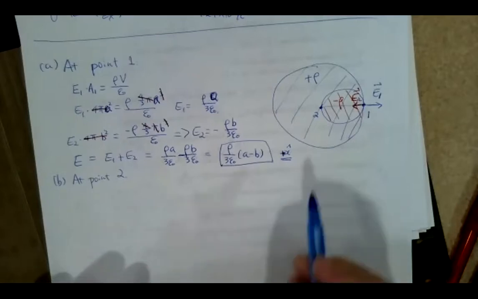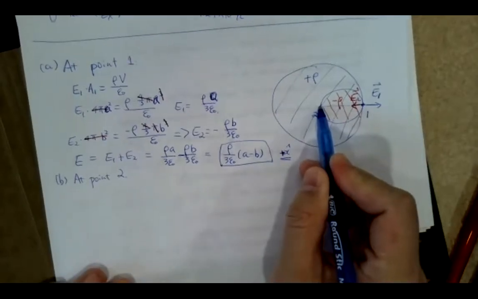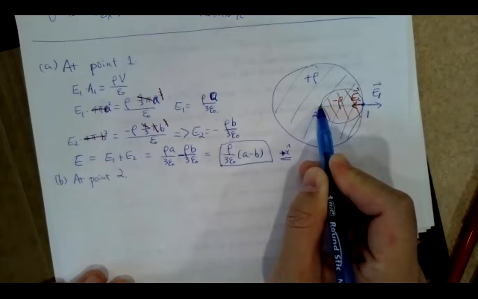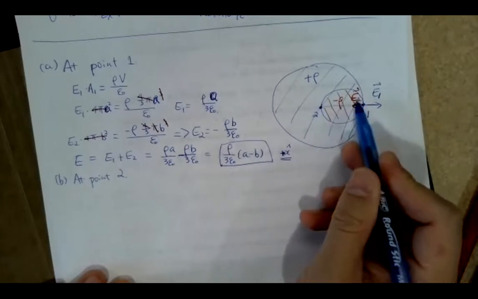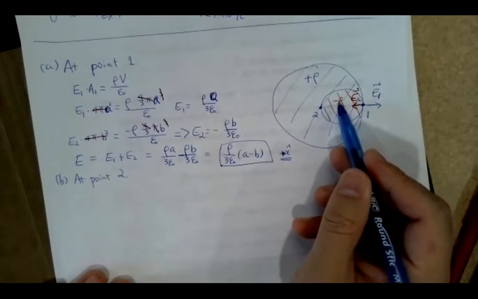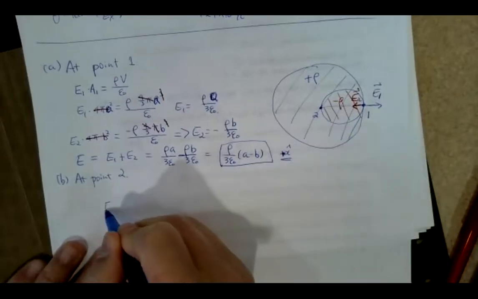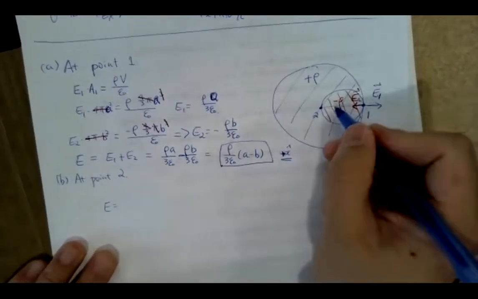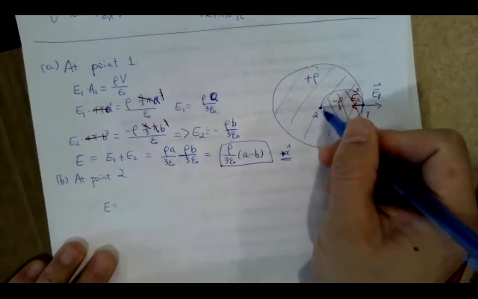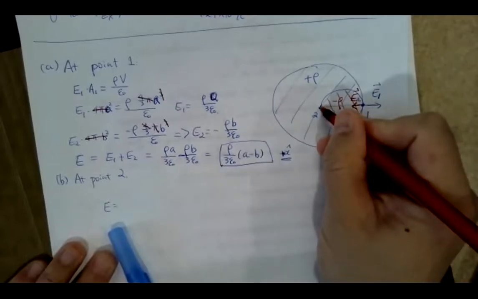So if not, then at point 2 here, this is the center of the big sphere, okay? So the electric field due to the big sphere should be equal to 0 because it's at the center, right? Due to symmetry, it should be 0. So then the electric field should be purely coming from this small sphere that has minus rho density, okay? So the E will be equal to this here, and this time it's pointing towards the center, right?